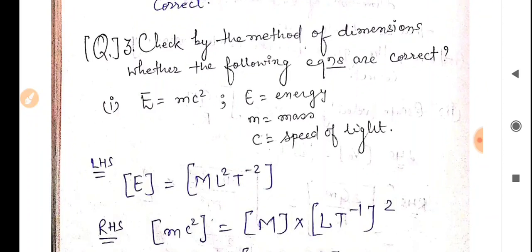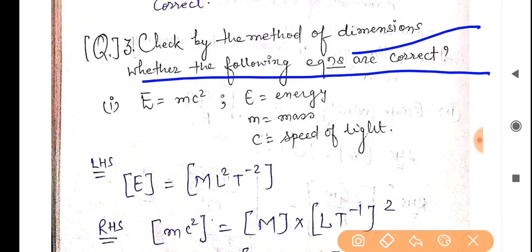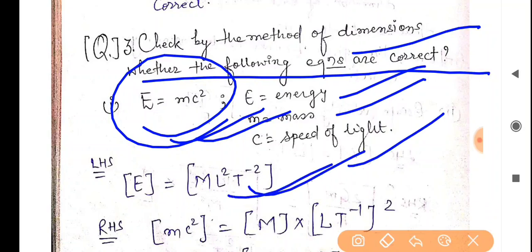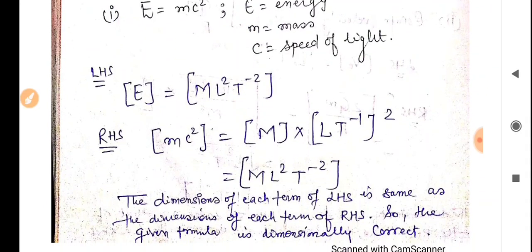Let's see question number 3. Check by the method of dimensions whether the following equations are correct. The first is E equals mc square. This is Einstein's mass-energy equivalence relation. E is energy, m is mass, and c is the speed of light. Energy has the dimension ML^2T^-2, and in the RHS there is mc square.